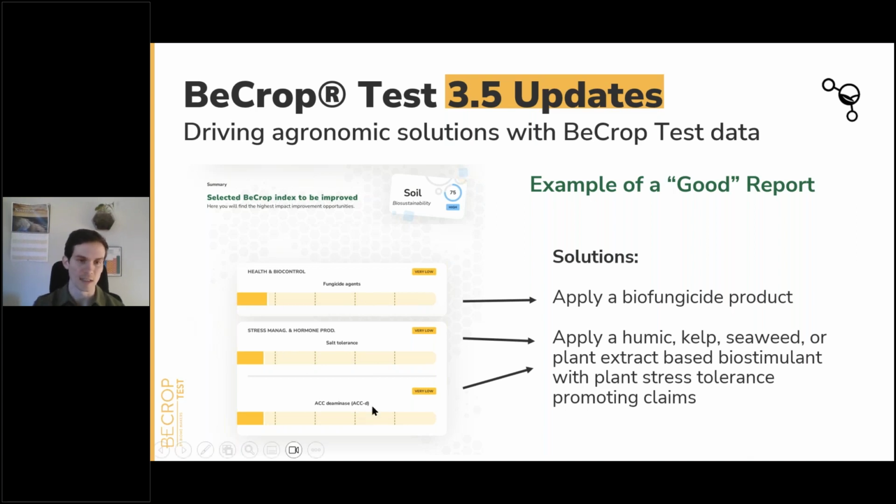A lot of times these are the categories where we see them perform well. So that would be the logical solution for a report like this that may look pretty optimal, but still has some deficient areas, some potential bottlenecks to yield, which may help push the needle in the right direction, even if this field already looks pretty solid, or has a relatively solid yield.